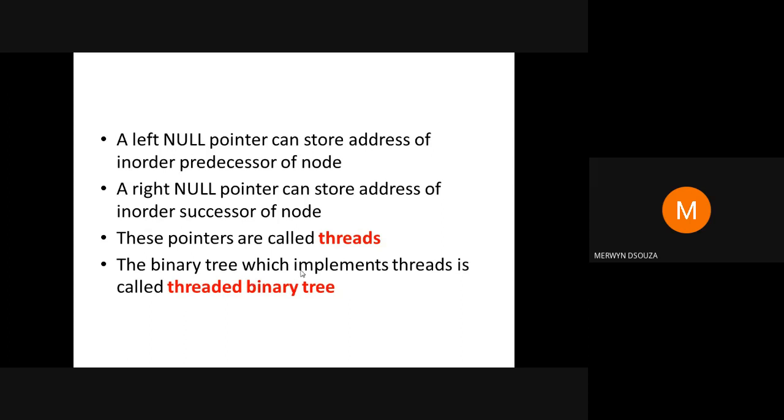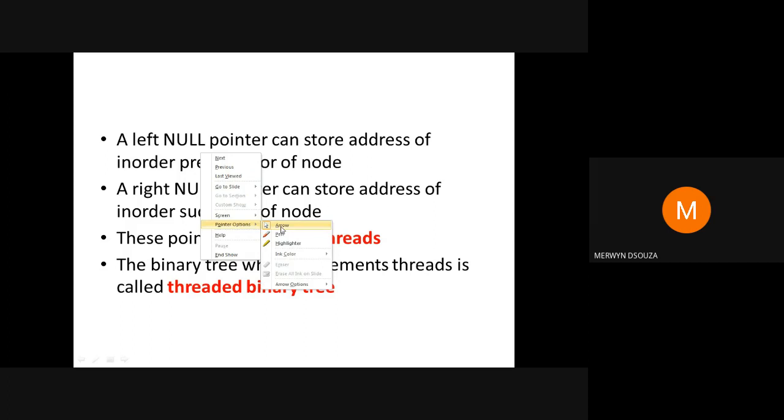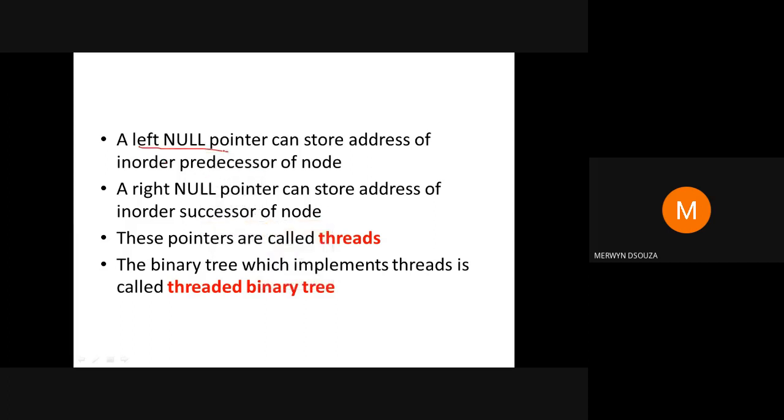Just note this down quickly and then I will proceed to the next slide. The left null pointer will store the address of the in-order predecessor, and the right null pointer will store the address of the in-order successor.